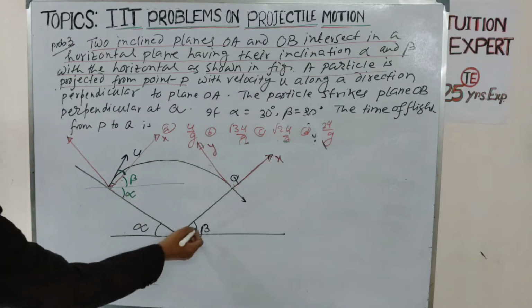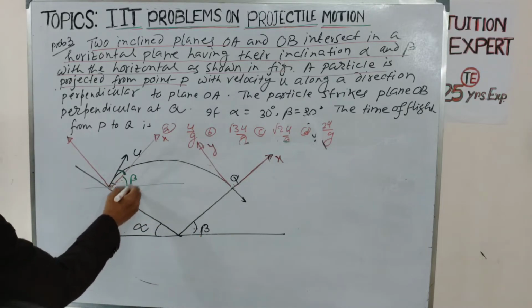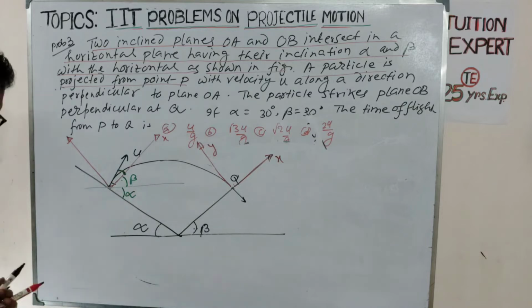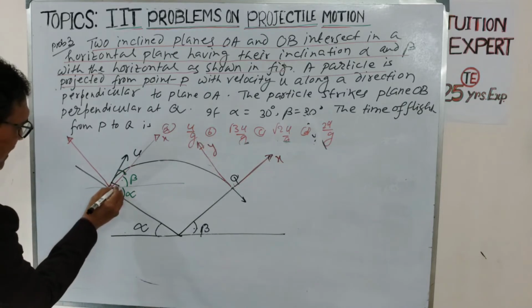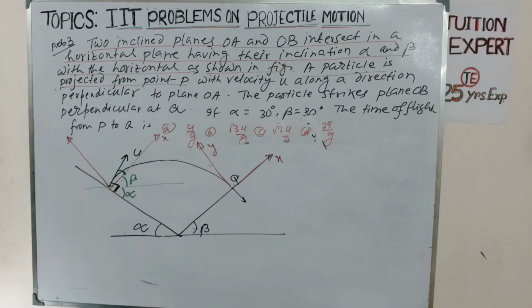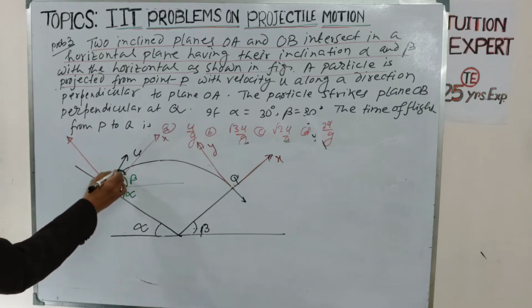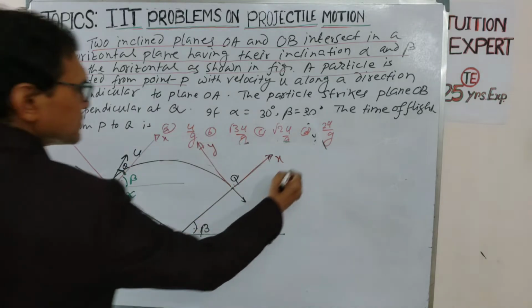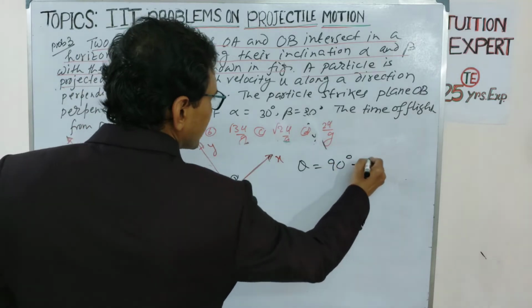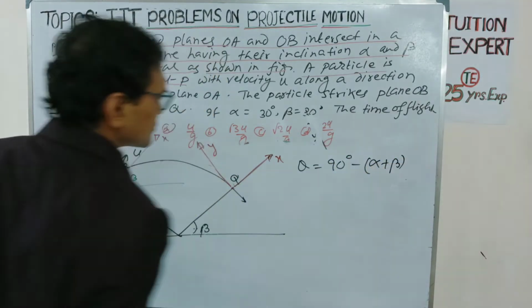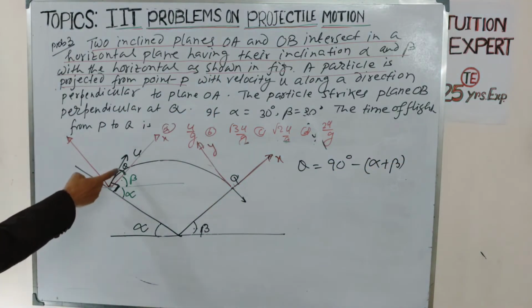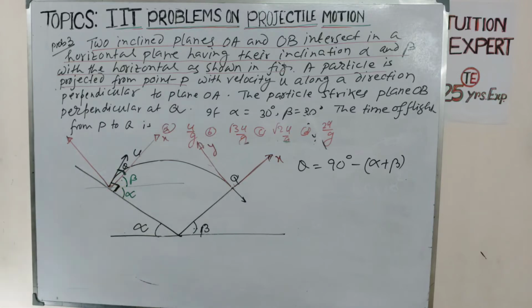This is an alternate angle and this is a corresponding angle. So the two angles sum to alpha plus beta. Now this angle is 90 degrees. So what is this angle? Theta will be 90 minus alpha minus beta.